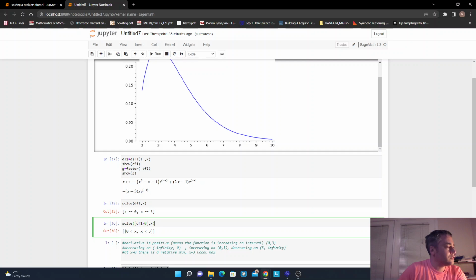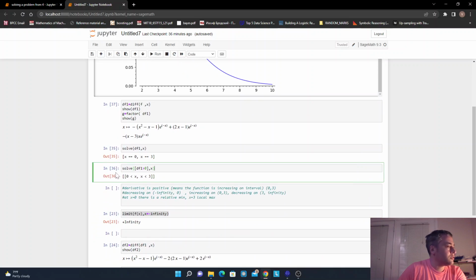The derivative is positive from 0 to 3, and hence the function is increasing on (0, 3) and decreasing on other intervals, that is decreasing from minus infinity to 0, increasing from 0 to 3, decreasing from 3 to infinity. So at x equals 0, there is a relative min. At x equals 3, there is a relative max.